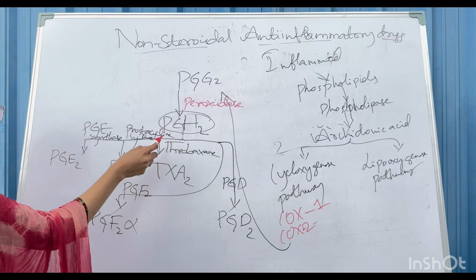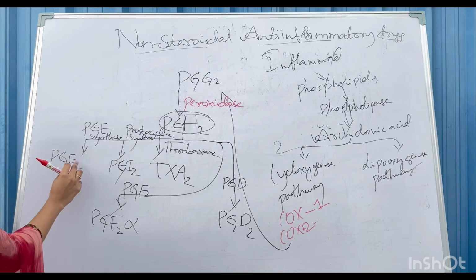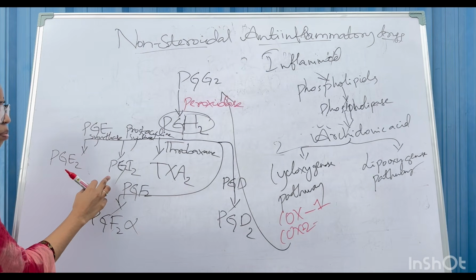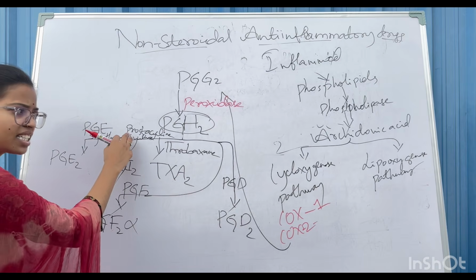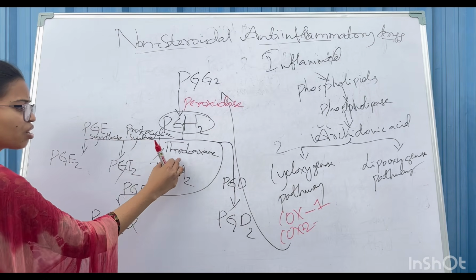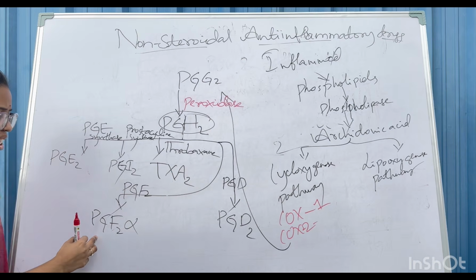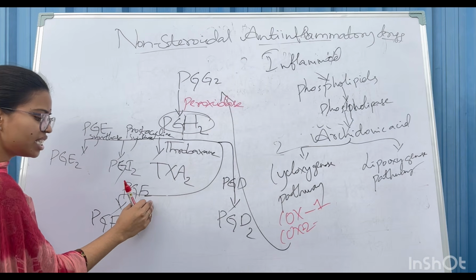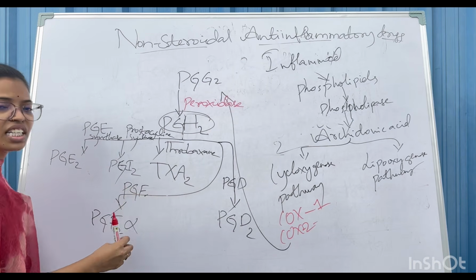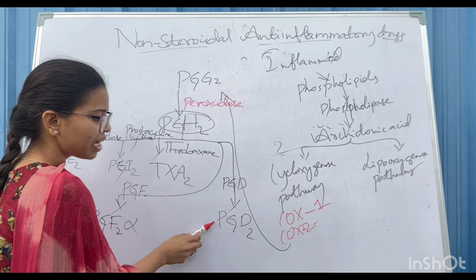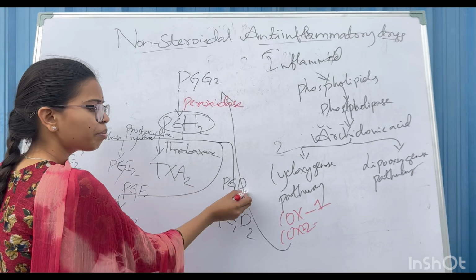Next from PGH₂ it leads to the formation of PGE₂ in the presence of prostaglandin E synthase, PGI₂ in the presence of prostacyclin synthase, thromboxane in the presence of thromboxane synthase, PGF₂ alpha in the presence of PGF synthase, and PGD₂ in the presence of PGD synthase.